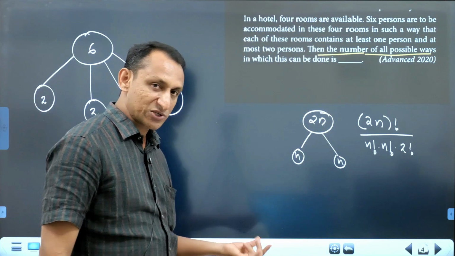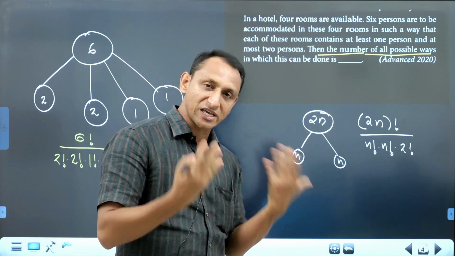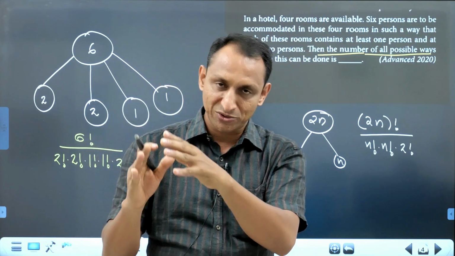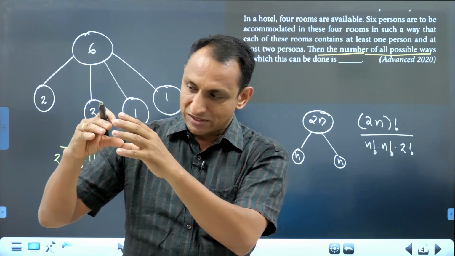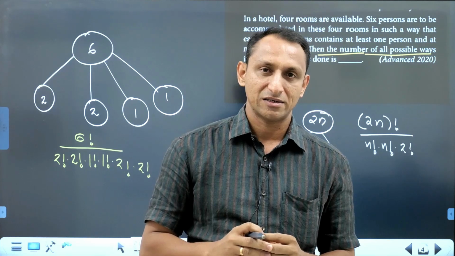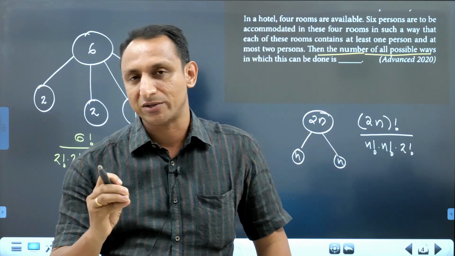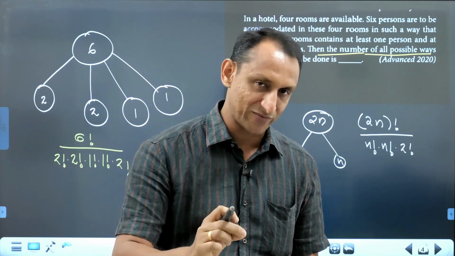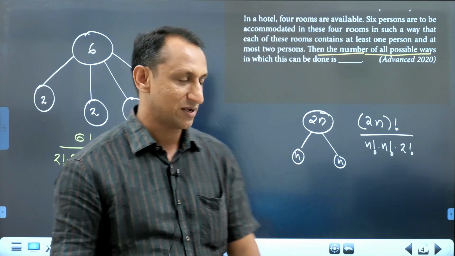Why write 2 factorial? These 2 groups have the same size. If I divide 3n objects into 3 groups of n each, this can be divided in 3n factorial by n factorial into n factorial into n factorial into 3 factorial.